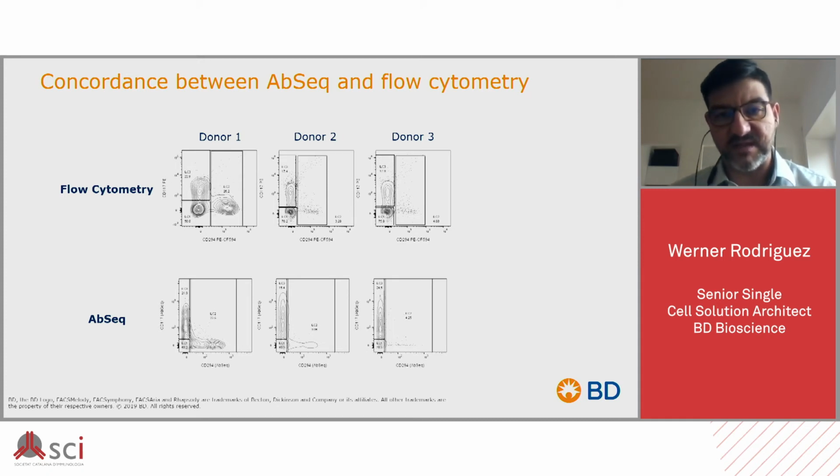And as you can see, not only did we obtain the same proportion of representation of our cells, but also, in column 1 with donor 1, we have approximately the same amount of data. We have the same proportion of ILC2, ILC1, and ILC3 coming from the same sample. So what we saw as a reference with flow cytometry has been confirmed using the AbSeq panel.